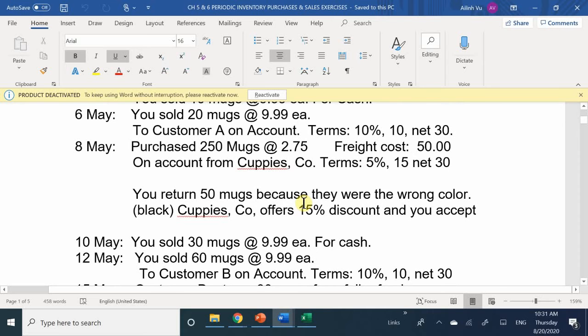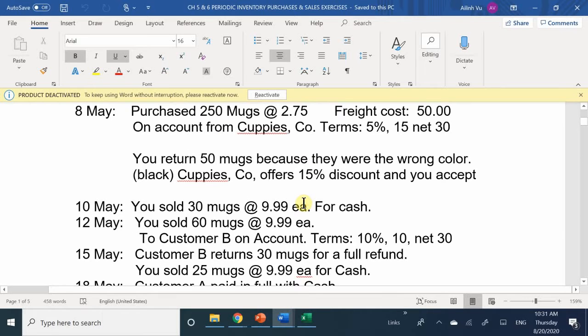So on May 8th, we purchased 250 mugs at 2.75. Freight is 50. All right, and we're going to do another on account from Cuppy's Co. And they give us another terms of 5%, 15, net 30. So this time we purchased 250 mugs at 2.75.